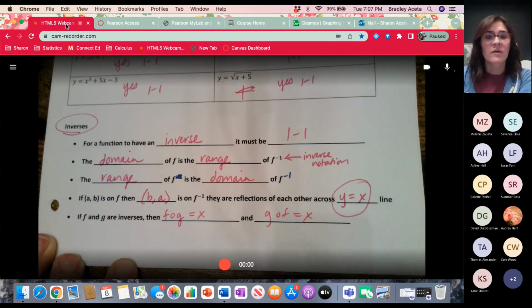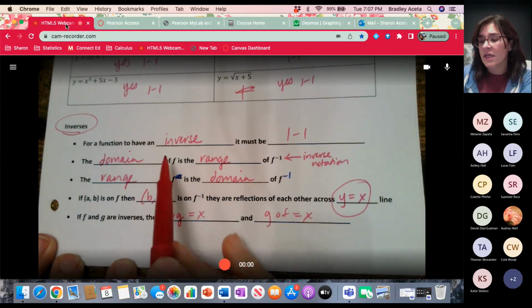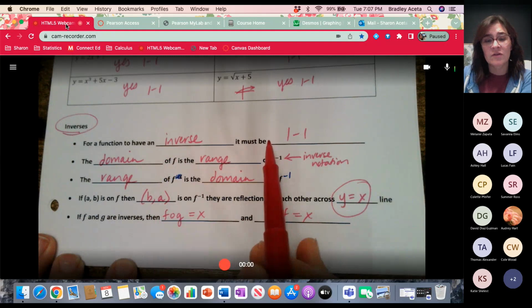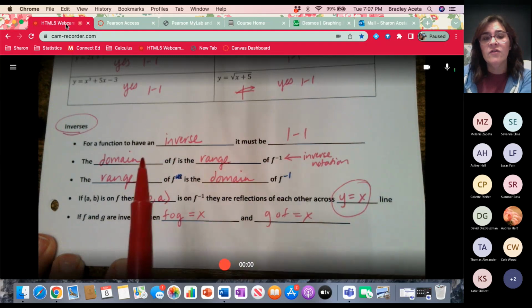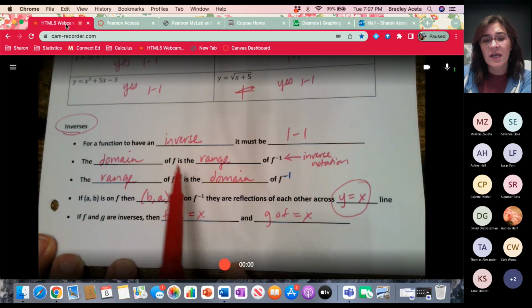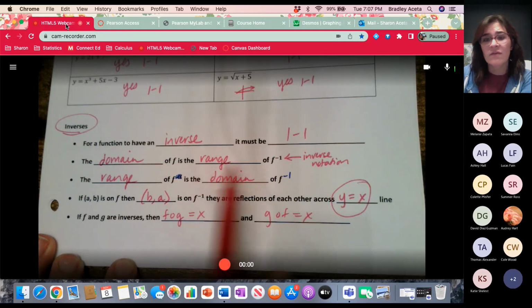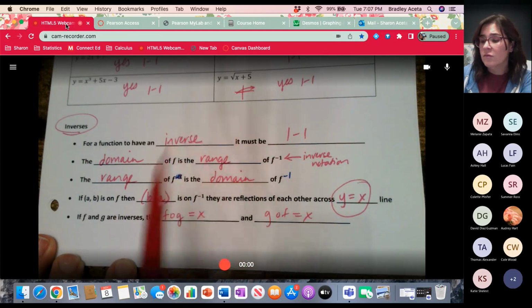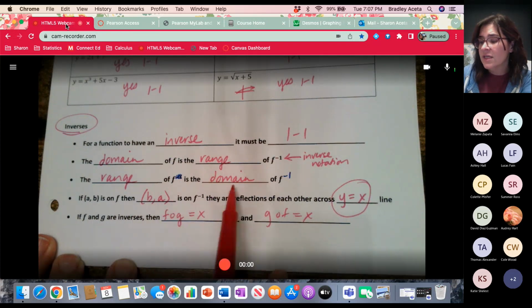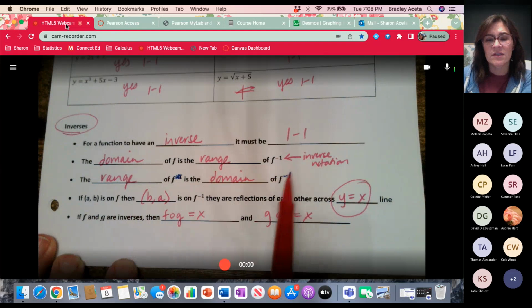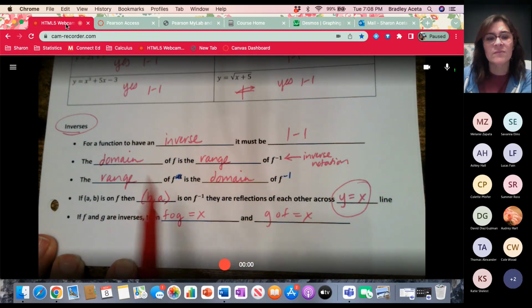All right, so a couple things right here. If you have an inverse, the function must be one-to-one. The domain of the original function f is now the range of the inverse. The range of the original function is now the domain of the inverse.